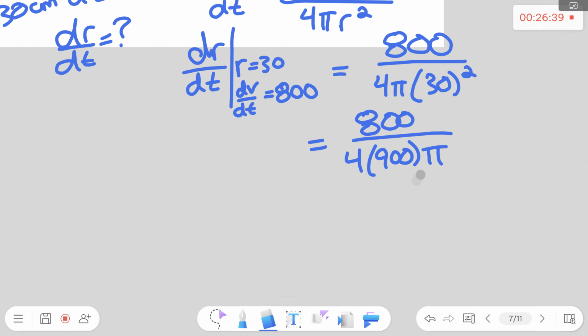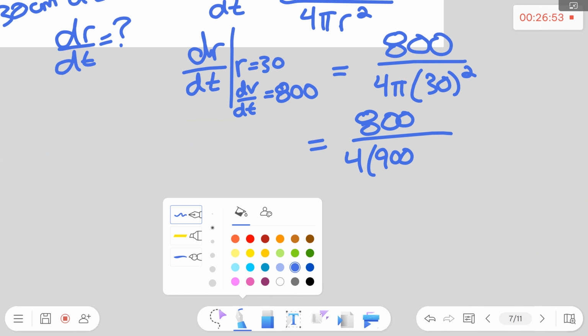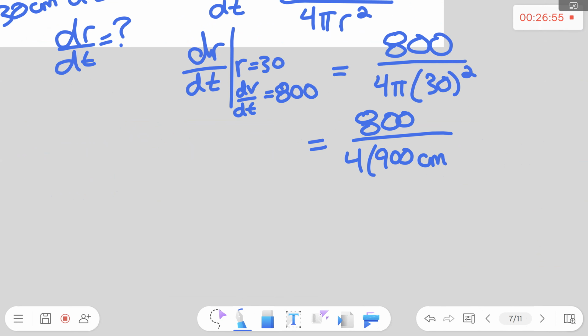Actually, let's also do my units in there while we're at it. What's the unit for radius? Centimeters. And we squared it, so it turns into centimeters squared. And then I still got a pi here.